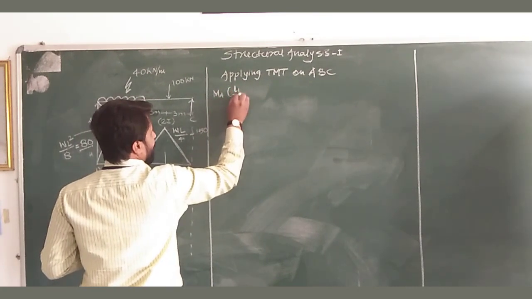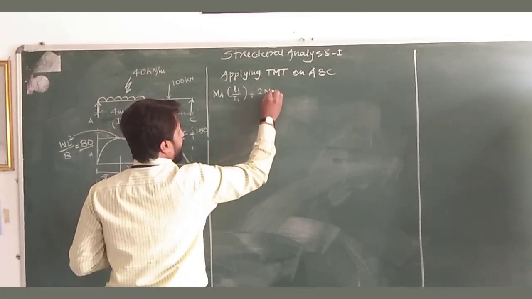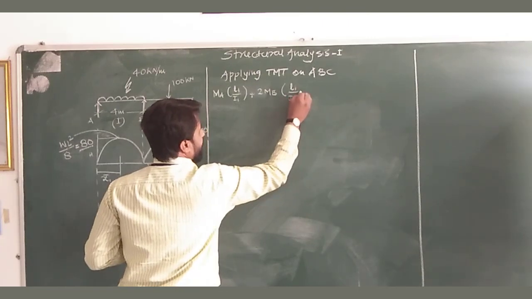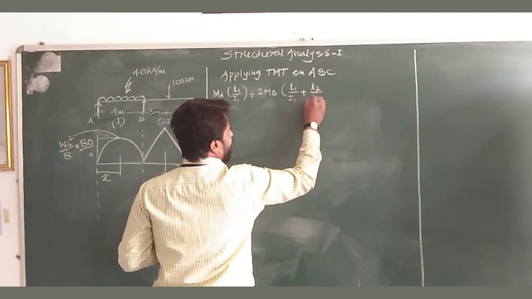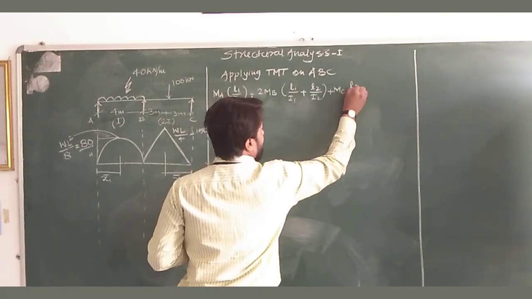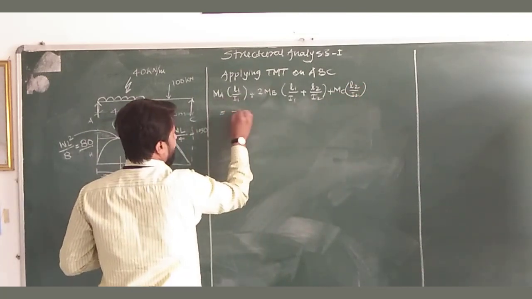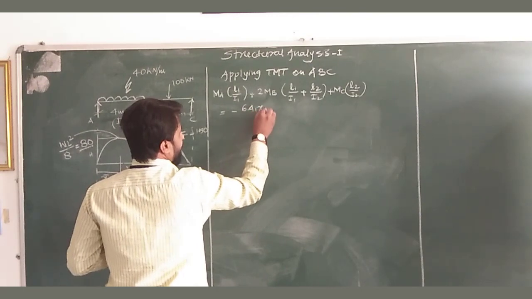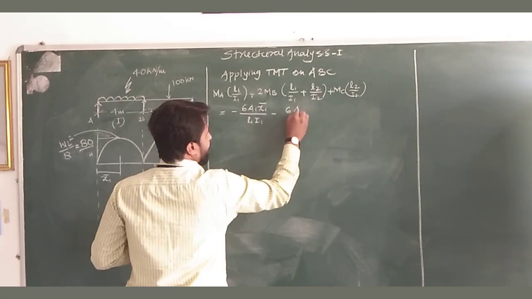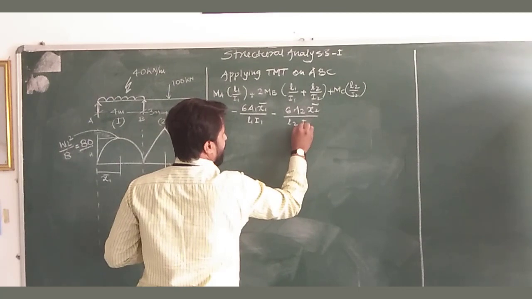MA L1 divided by I1 plus twice MB into (L1 divided by I1 plus L2 divided by I2) plus MC L2 divided by I2 is equal to minus 6 A1 x1 bar divided by L1 I1 minus 6 A2 x2 divided by L2 I2.